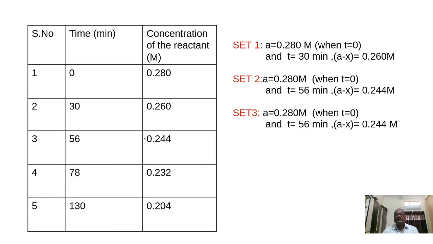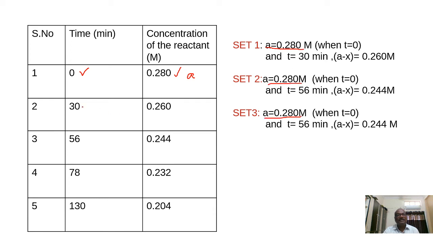You see here the second case, set 1, set 2, set 3, how we are collecting the data. For the hit and trial method, at time equal to 0, the initial concentration is small a, the same in set 1, set 2, set 3.